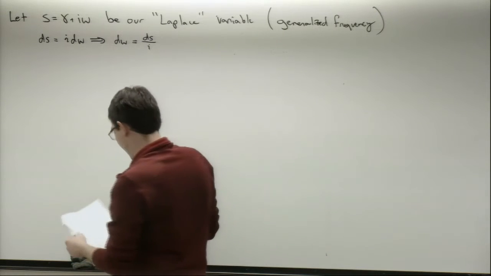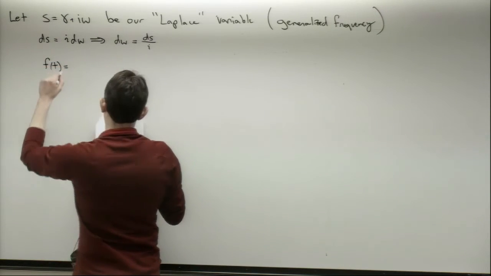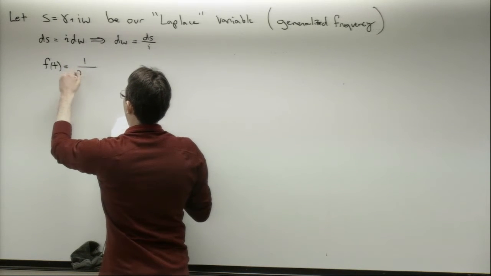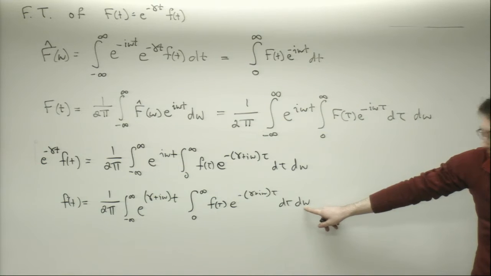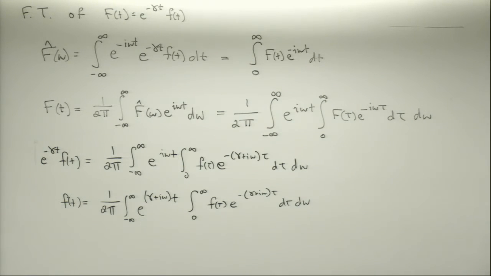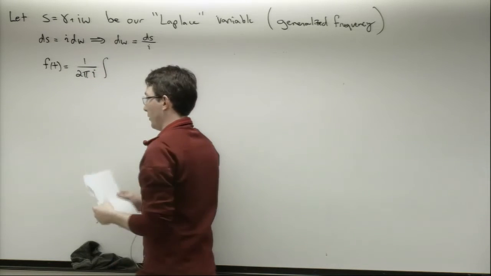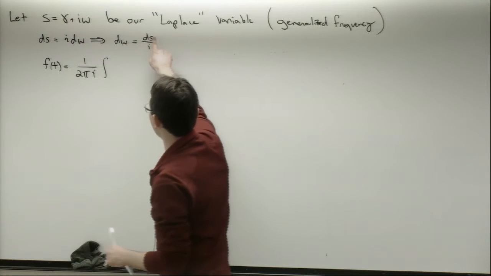So the last thing we have is f of time equals 1 over 2 pi, and I'm going to convert this to ds over i, and take the i out. So this is 1 over 2 pi i integral. Now instead of d omega, I'm integrating with respect to ds.